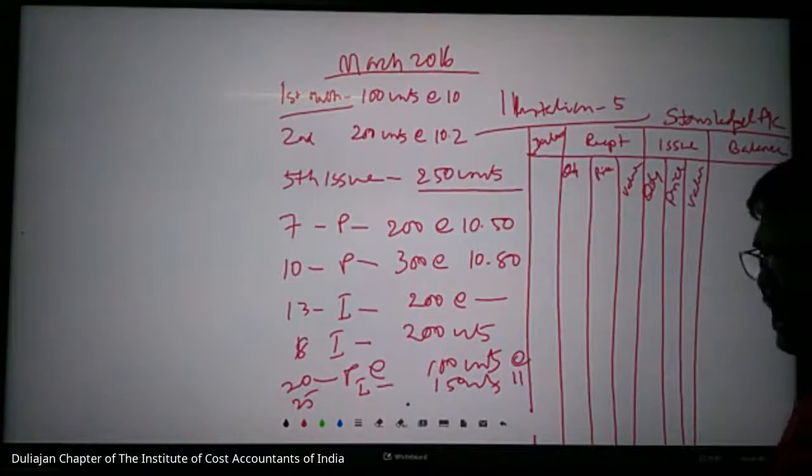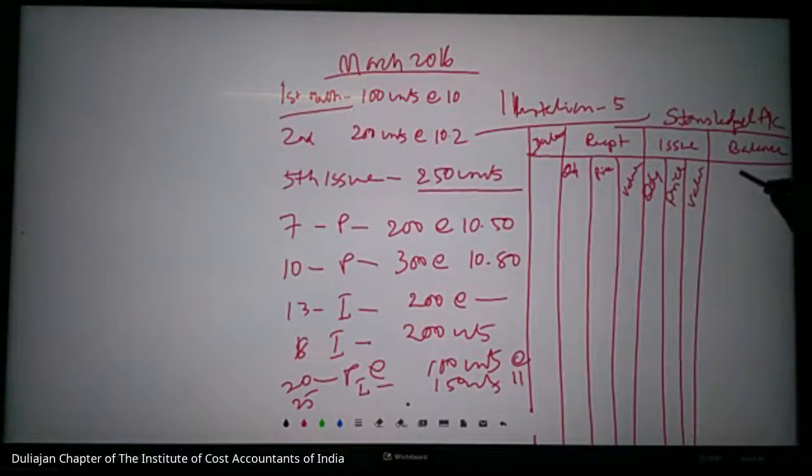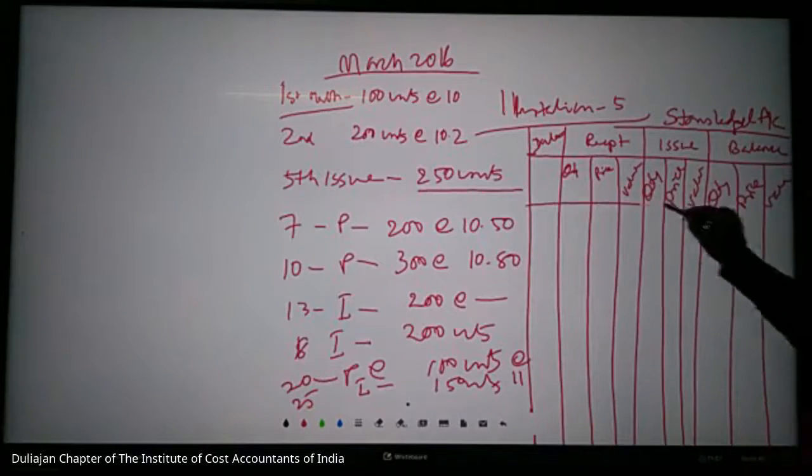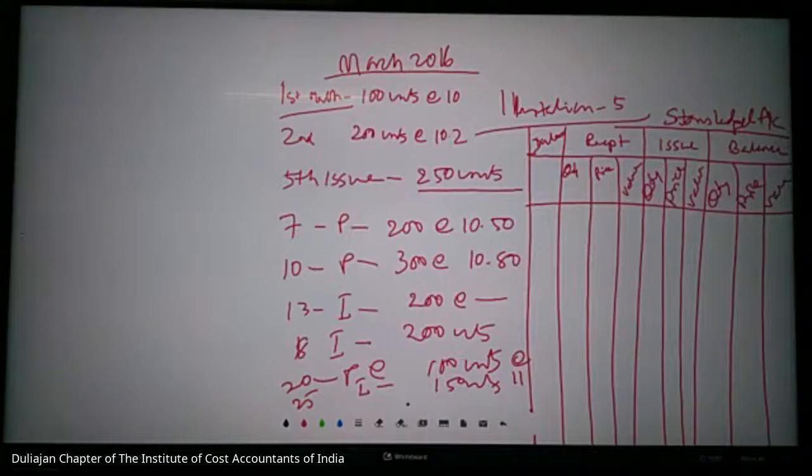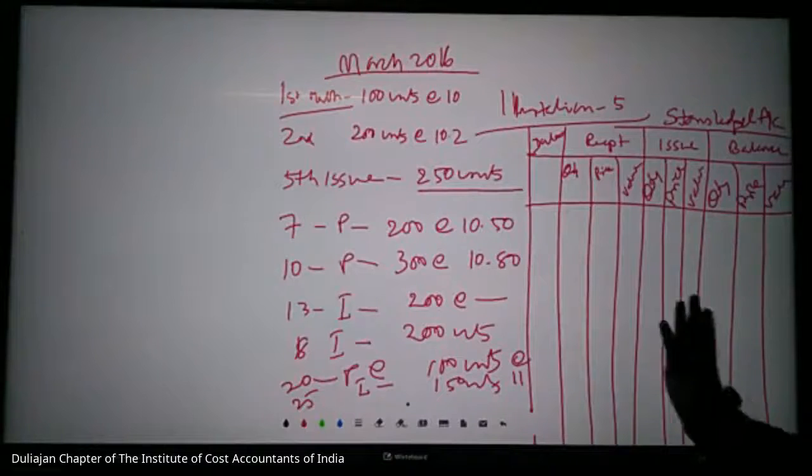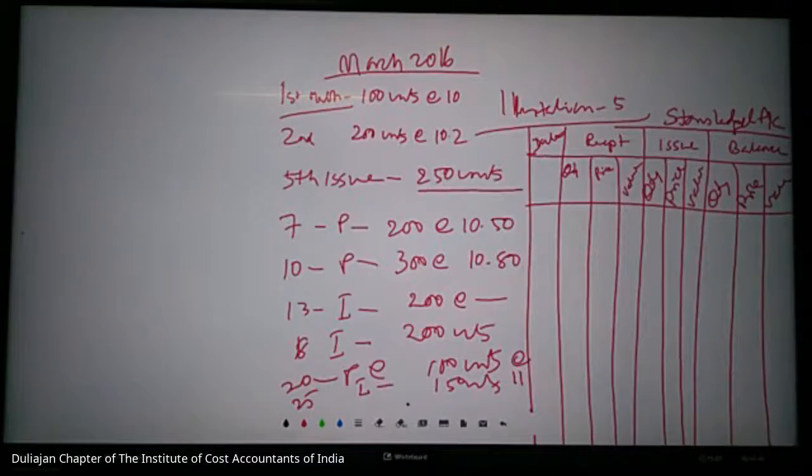And balance also will have 3 columns: quantity, price, value. There is a space problem here, I am just showing you how to do it. You have to make this type of presentation in your examination. If you get a PSL, these are all very simple to do. The only thing is that your presentation should be neat and clean.